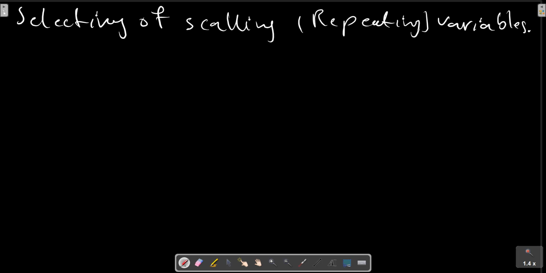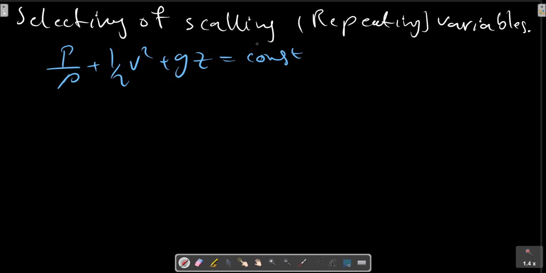The selection of scaling variables is left to the user in the previous section, but there are some guidelines. For example, for the Bernoulli equation, it is not clear that the scaling variables in this relation are rho, V, and L, since they appear in both the force coefficient and the Reynolds number.